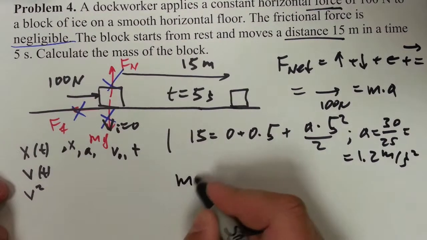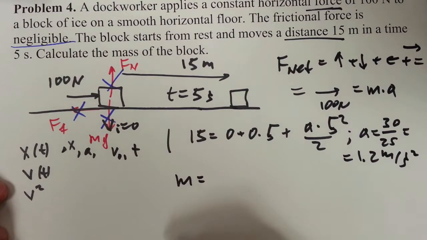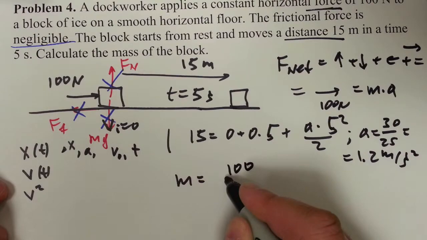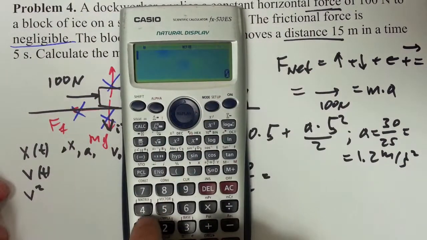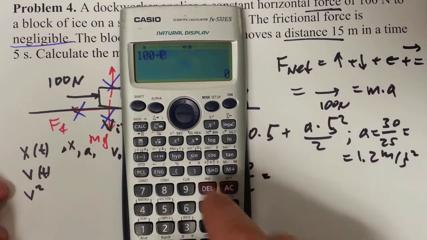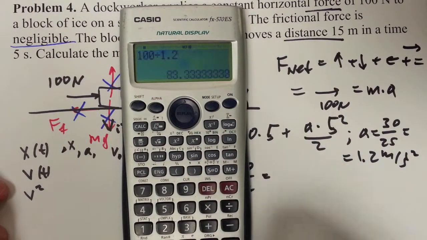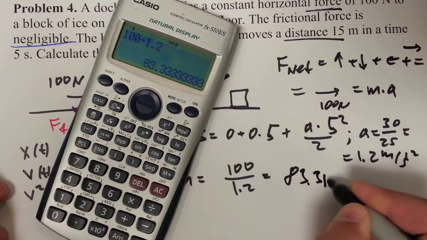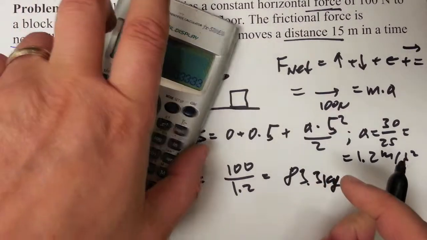So the mass we're looking for should be equal to net force divided by acceleration, about 83.3 kilograms.